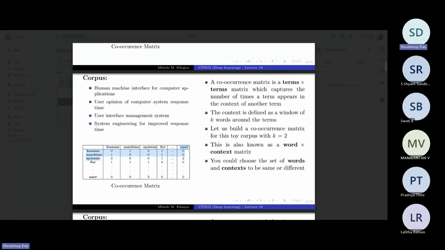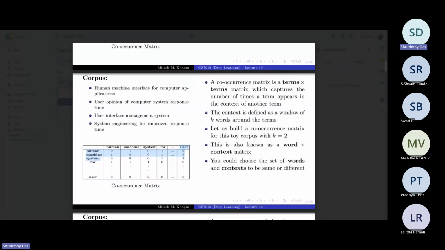You break it into individual tokens. Either you can do character level tokenization, so human will be broken down into H, U, M, A, N, and so on. Or you can do word level tokenization, so you get tokens like human, machine, interface, for, computer, applications, around 6 words.